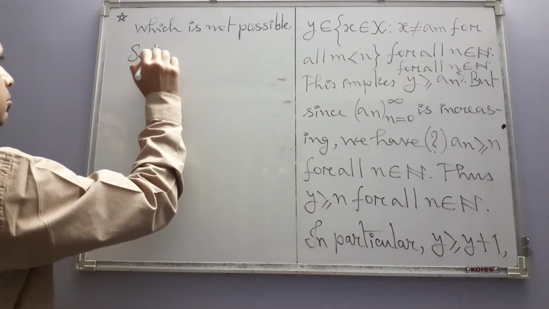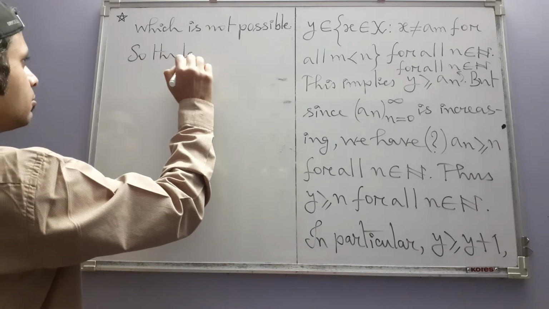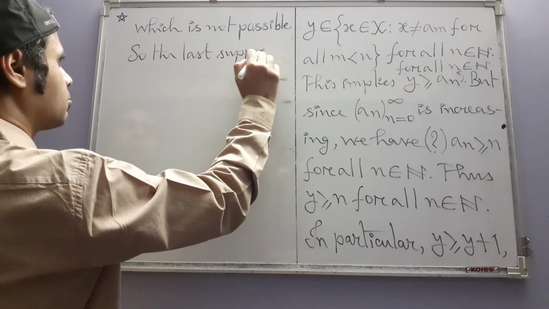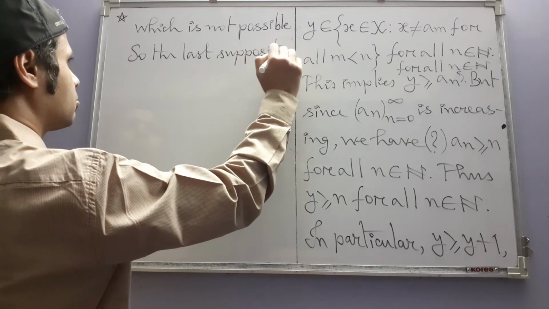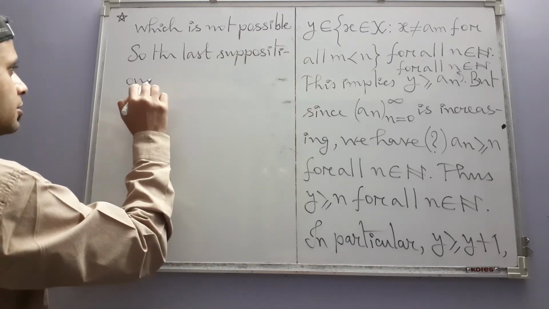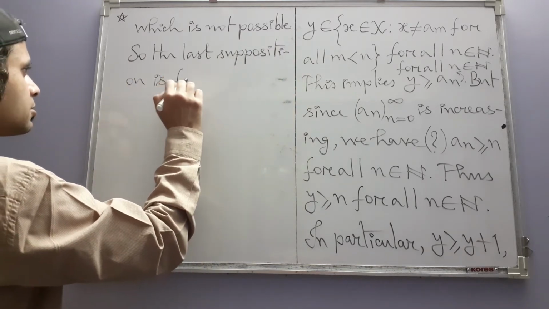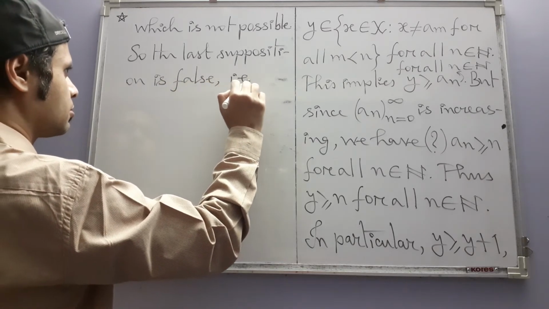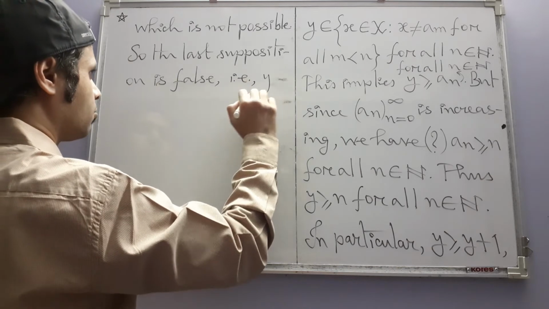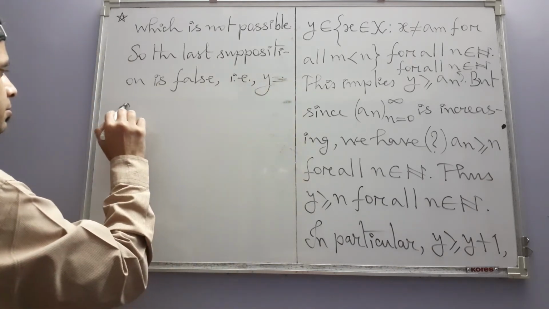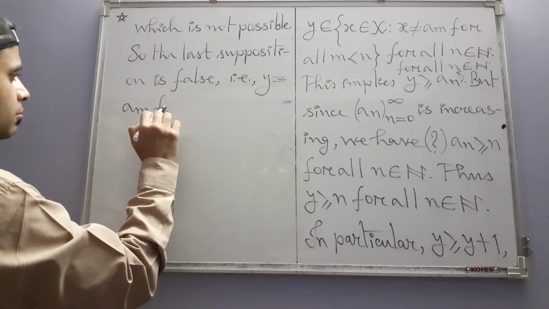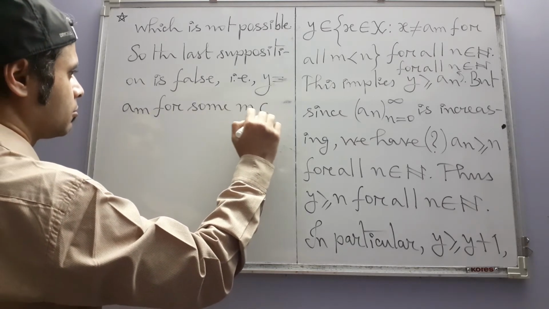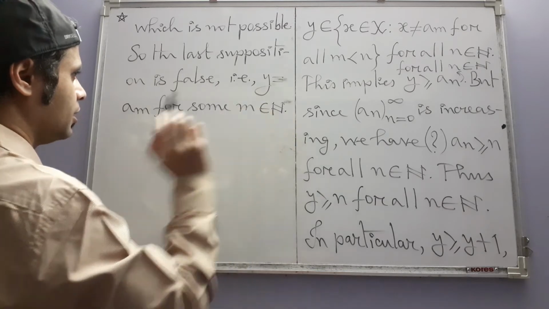So the last supposition is false, that is, y must be equal to an for some natural number n.